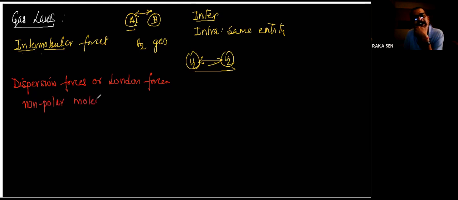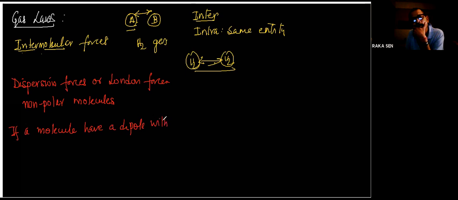Now you will immediately ask, what do you mean by a polar molecule and a non-polar molecule? Polar comes from the word dipole. If a molecule has a dipole within it, you will call it a polar molecule.